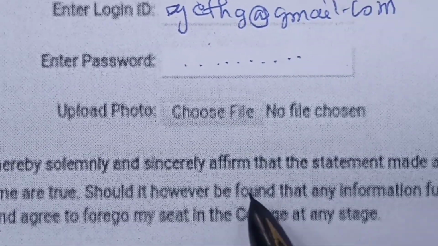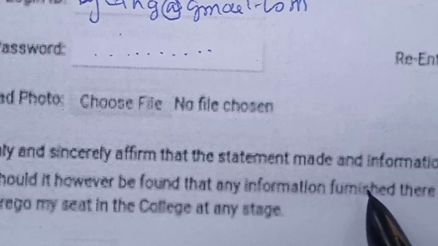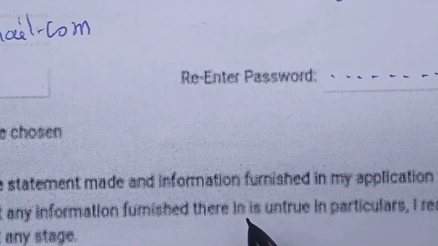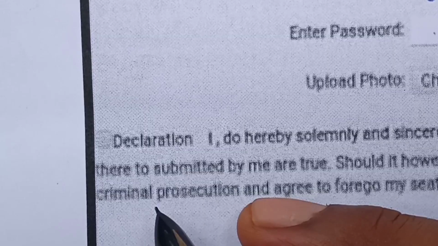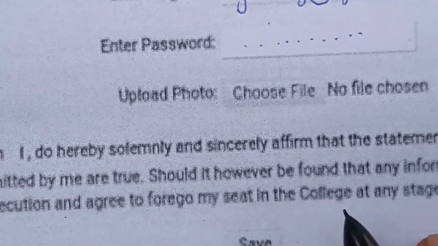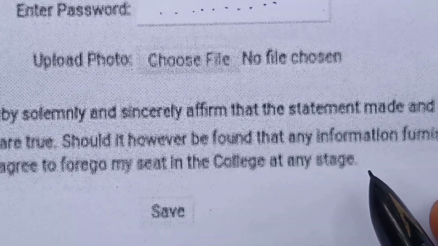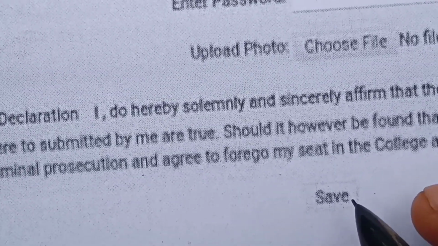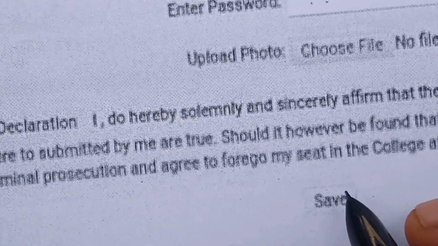Should it, however, be found that any information furnished therein is untrue in particulars, I realize that I am liable for prosecution and agree to forego my seat in the college at any stage. So we just have to give the promise and save the document.